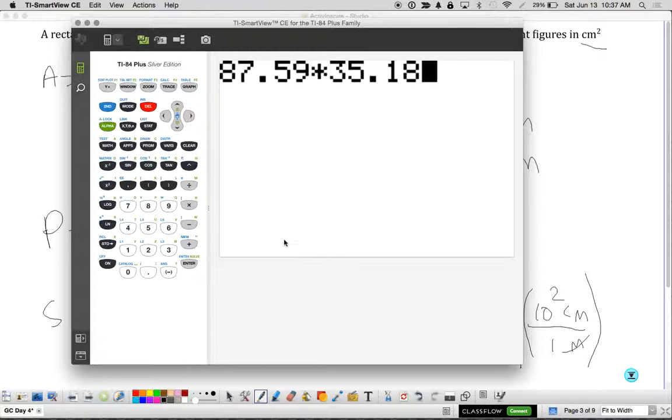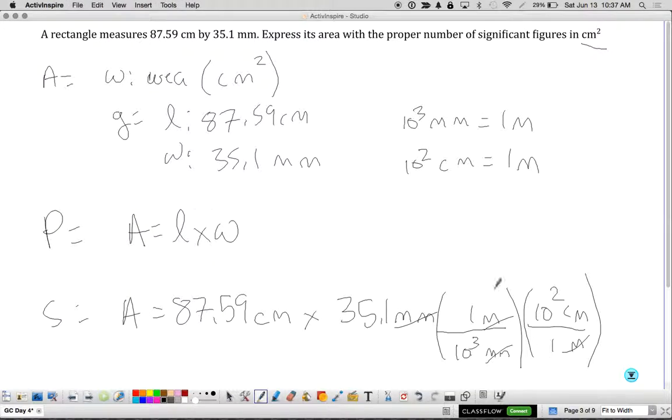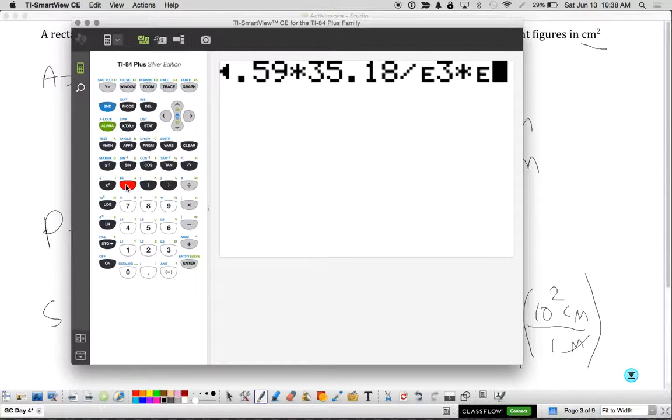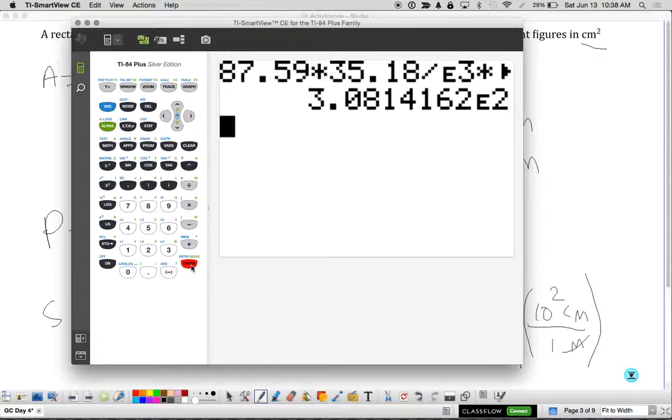And actually, my next step is not multiplication, it's division, divided by E3, and then times E2. Okay, and that gives me 3.0814162 times 10 to the second.